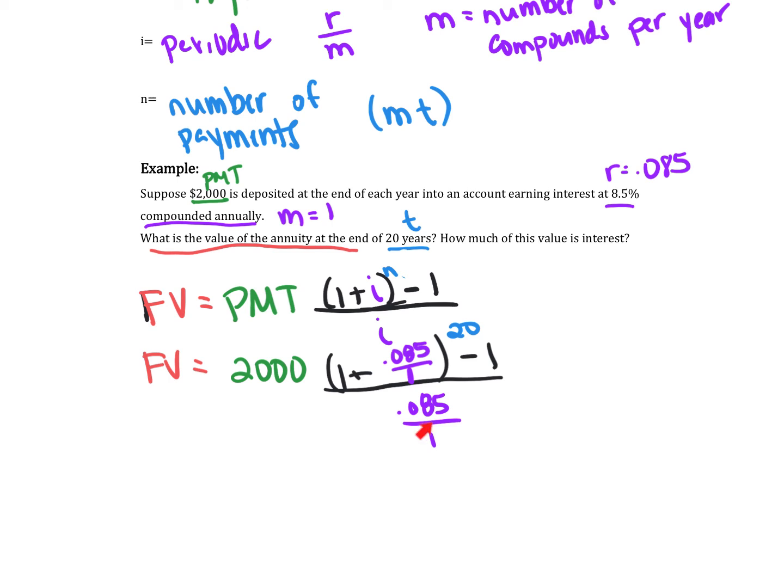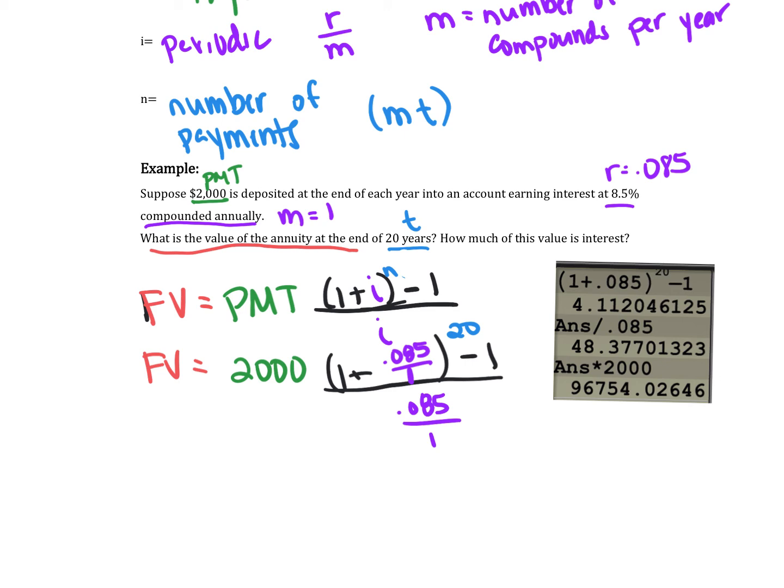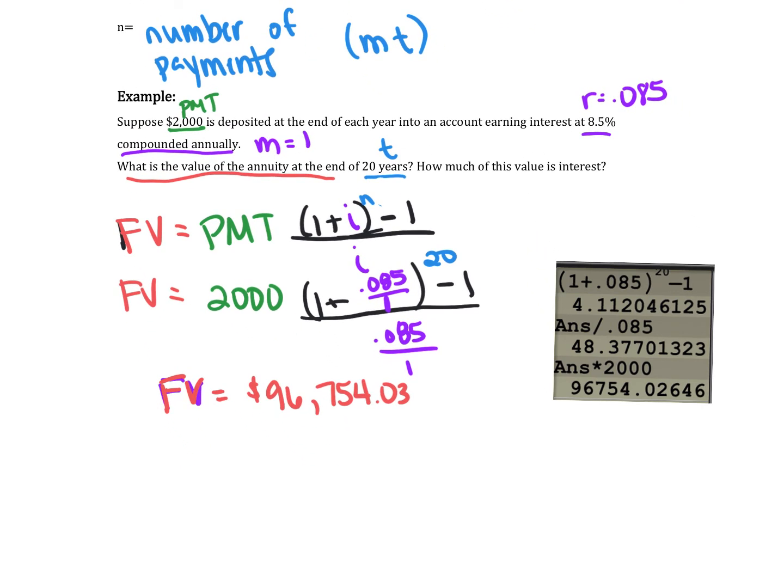I don't have to write this over 1, but I'm showing you that when you calculate your periodic rate, you're calculating the interest rate divided by how often you're compounding. When you calculate this, I get $96,754.03. So your future value here is equal to $96,754.03.